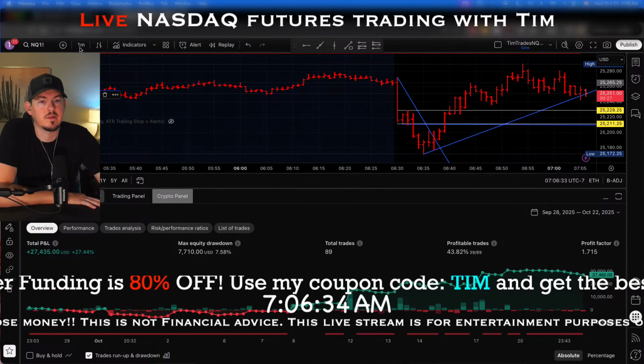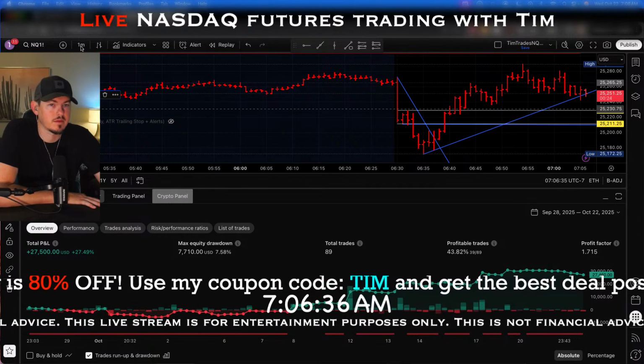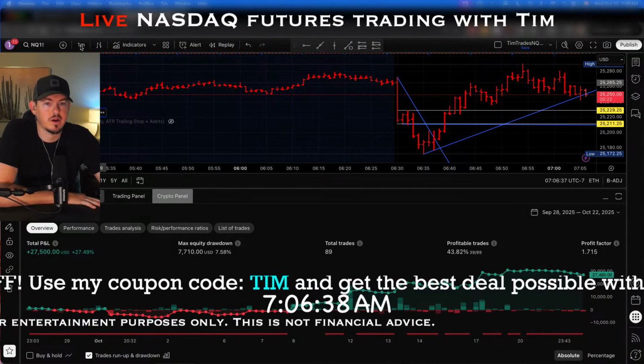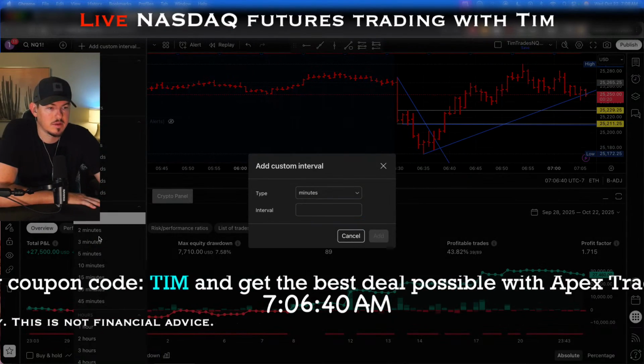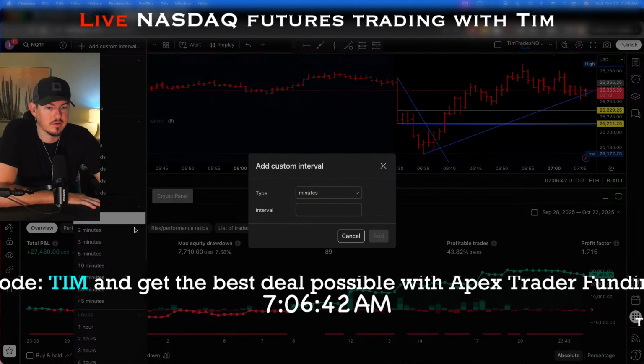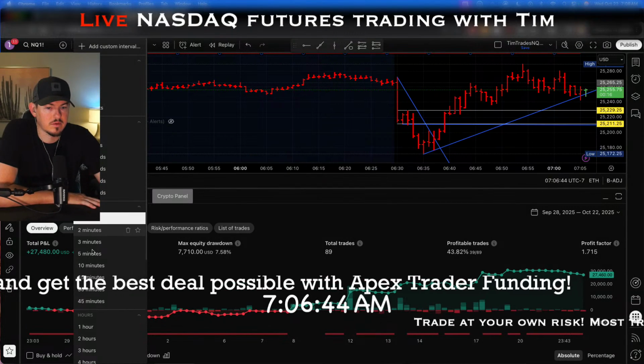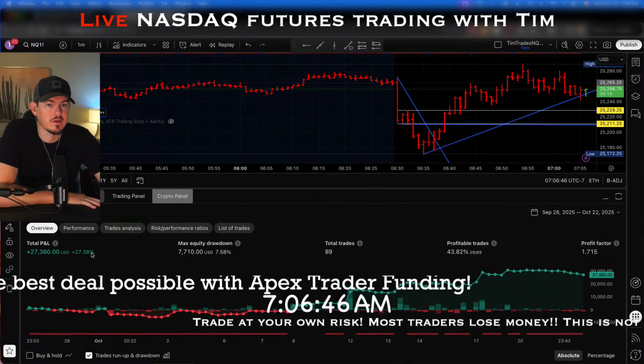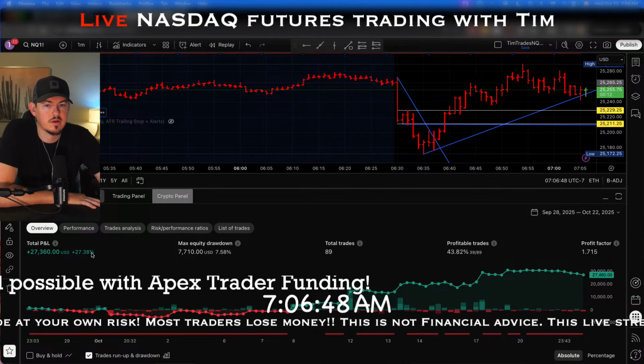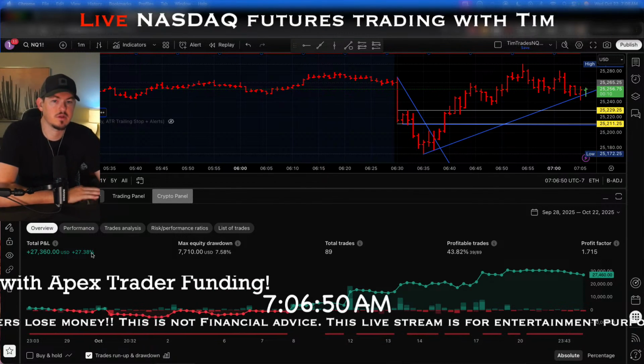Yeah, some of these, the time frame on any strategy, the time frame makes a pretty big difference. Let's see what the 5-minute looks like for this. This is called the ATR strategy.